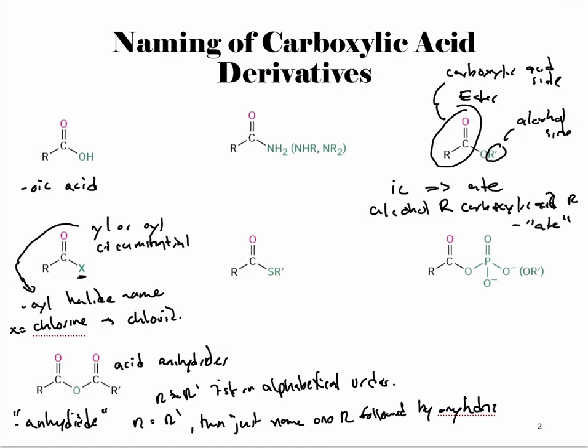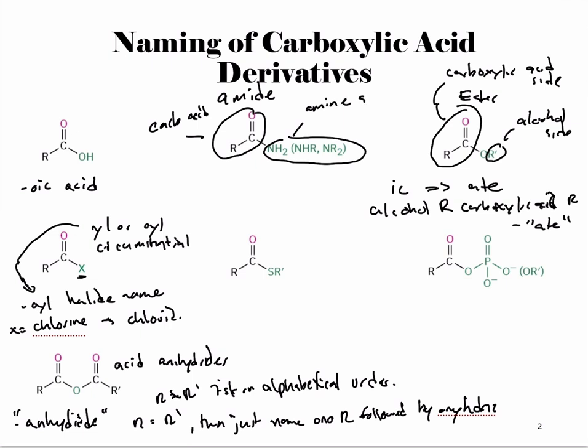If we have an amide, right, so this is going to be an amide, we break that down similarly. I'm just going to write carb for the carboxylic acid side, and then this side here can be any different degree of amine or classification. This is the amine side.